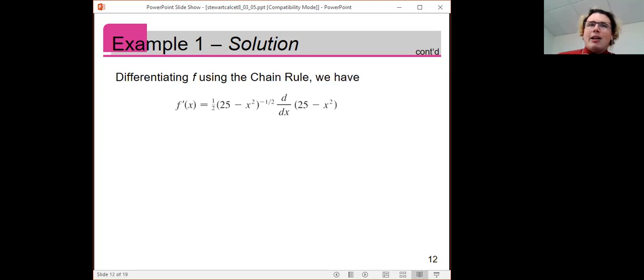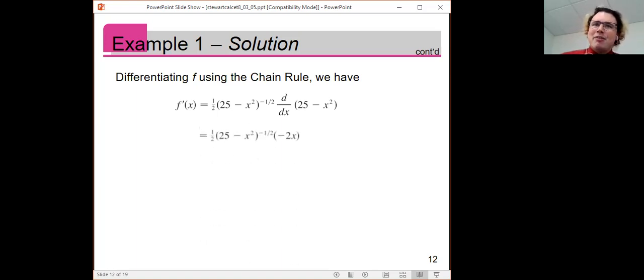So I'll have to use the chain rule to calculate that derivative. F prime of x equals 1/2 times quantity 25 minus x squared raised to the power minus 1/2, all times the derivative of that inside function, d on dx applied to quantity 25 minus x squared.